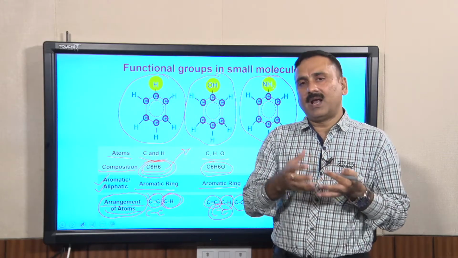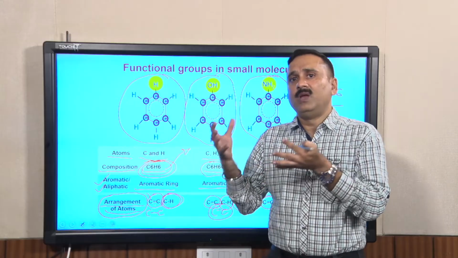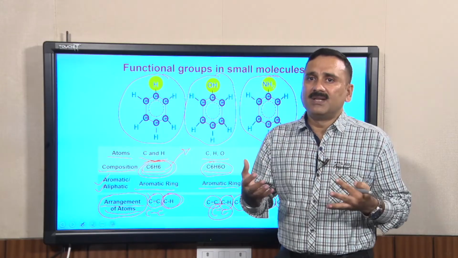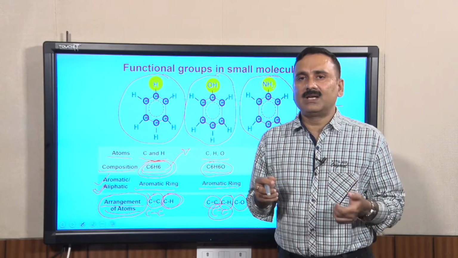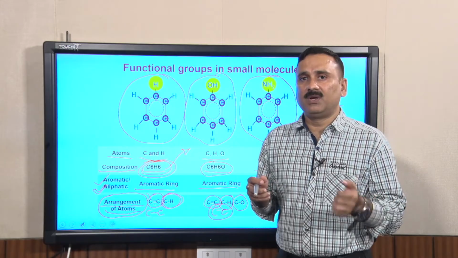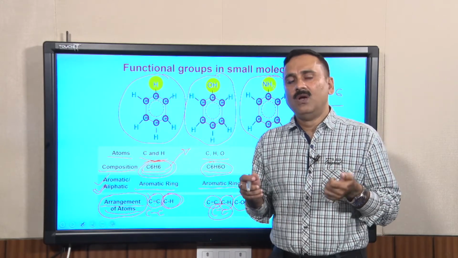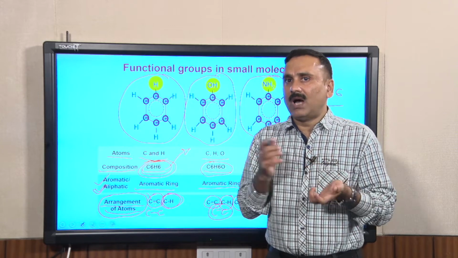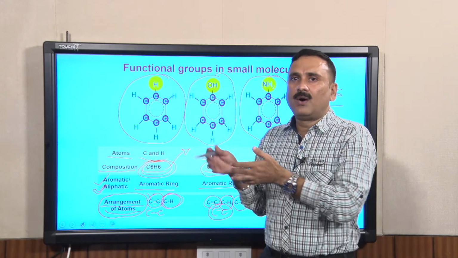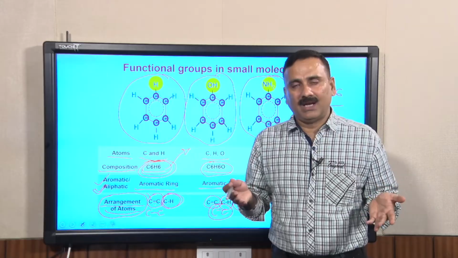For example, if you are trying to isolate benzene, we know that it should be benzene, so it should not give you any reaction specific for aliphatic compounds, because as soon as it gives you the reaction for an aliphatic compound, that will give you a doubt whether it is benzene or actually hexane.